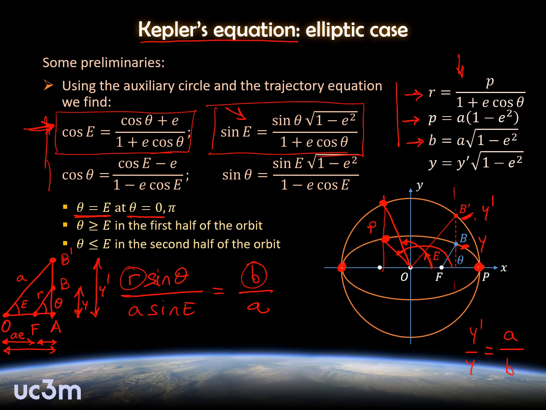So the true anomaly is larger than the eccentric anomaly in the first half of the orbit. The opposite happens on the lower half. When we are in this half plane over here, the opposite is true: theta is smaller than E.